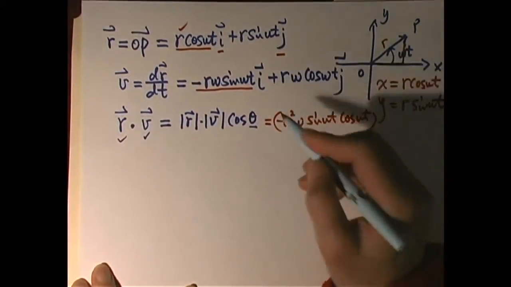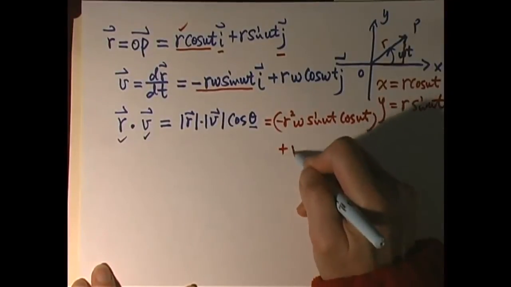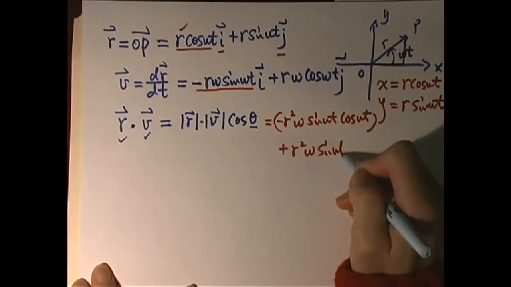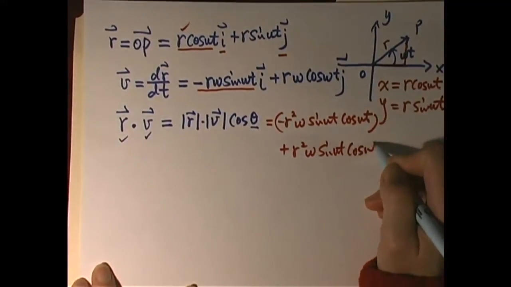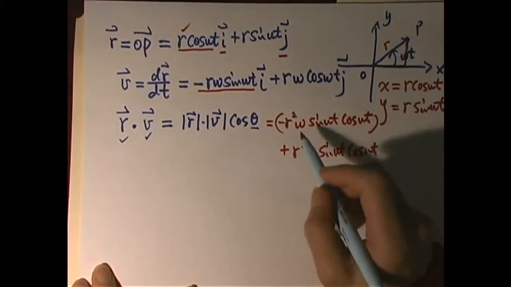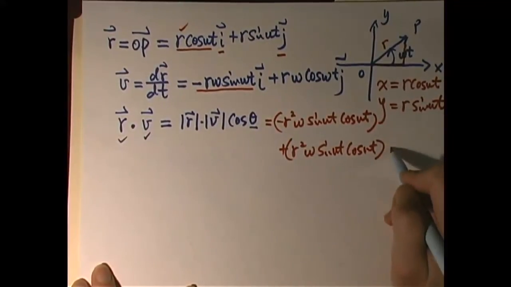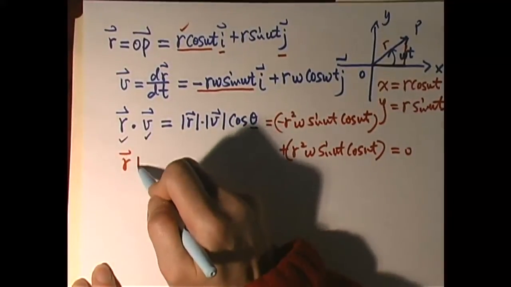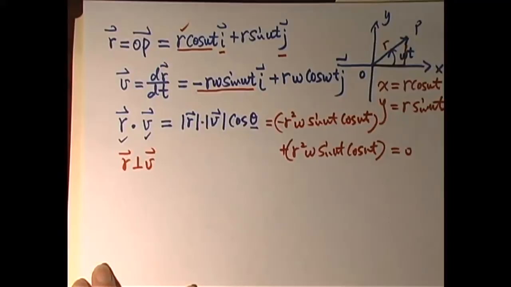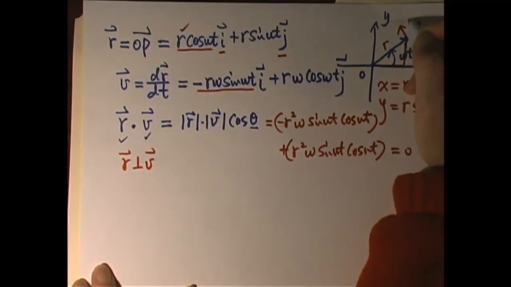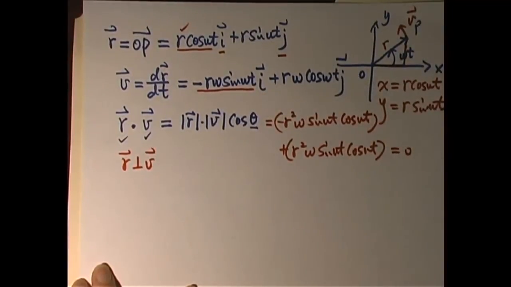And then the j dot j term gives r squared omega sine omega t cosine omega t, because j dot j equals 1. So that is the result. Don't you see they add together to equal 0? This confirms that r is perpendicular to v, which means during circular motion, velocity is tangential. Velocity is 90 degrees with respect to the radius.